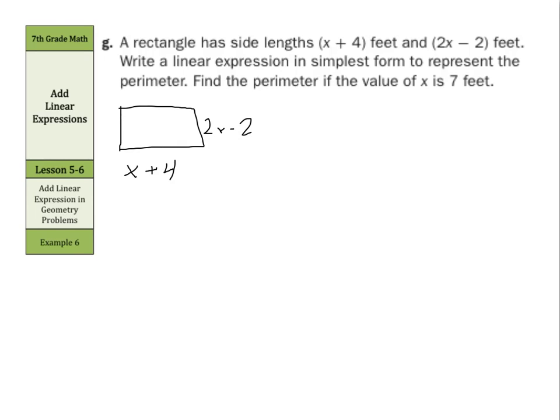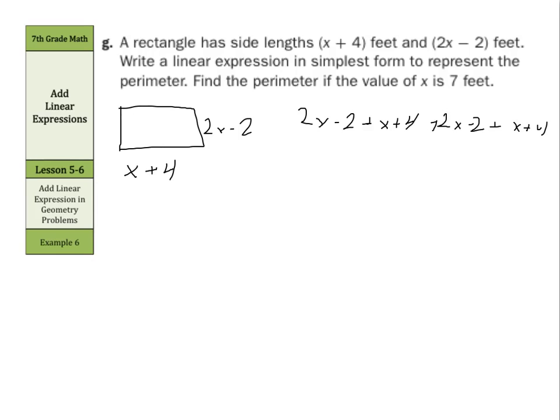Now, perimeter for a rectangle, two ways of doing this. You could just plug and chug and say, okay, I have 2x minus 2 plus x plus 4 as two of my sides, plus 2x minus 2 plus x plus 4.